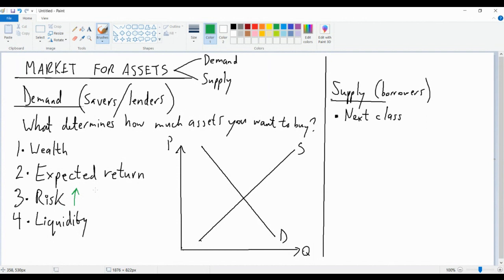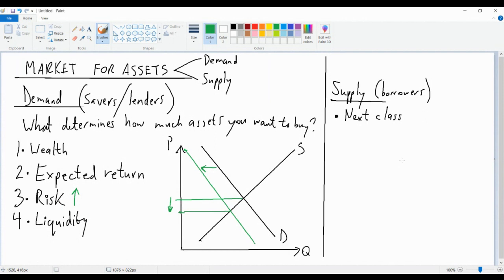Risk going up is a bad thing. So the demand for this asset should decrease. What happens? The equilibrium price for this bond, or this asset, whatever it is, should go down.